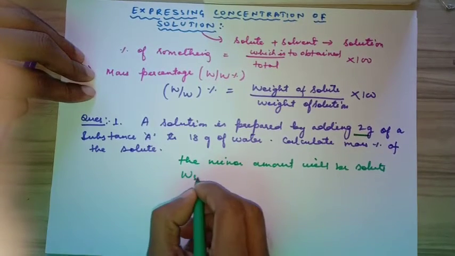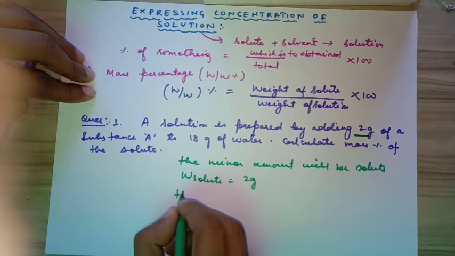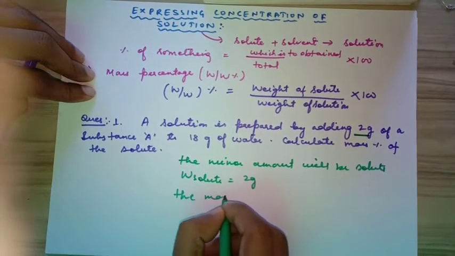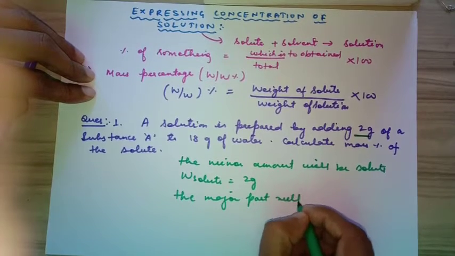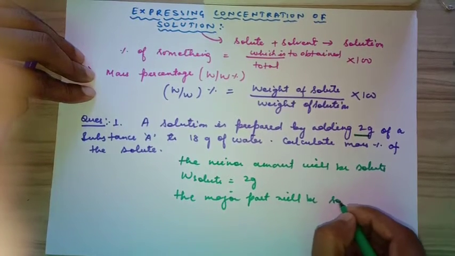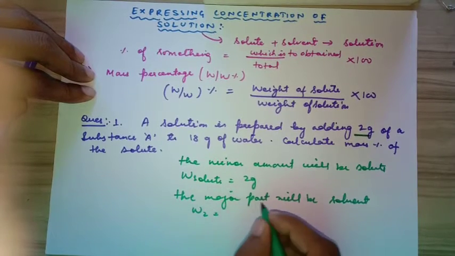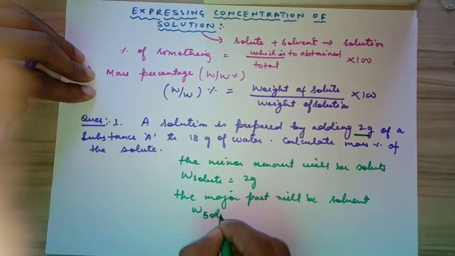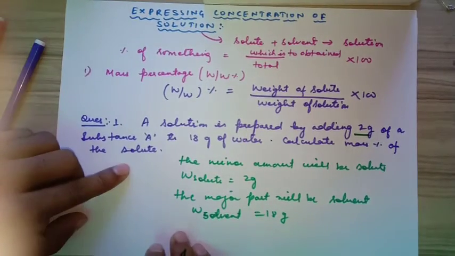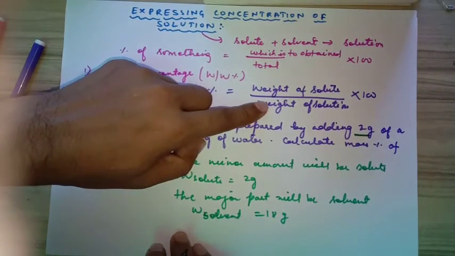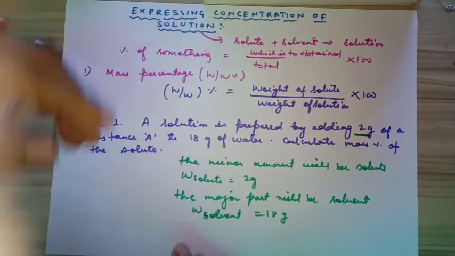So W solute is 2 gram. The major part will be solvent, and that is given as W2, or we can say W solvent, as 18 gram. But mass percent is calculated in terms of solution. Any percent is calculated out of total.